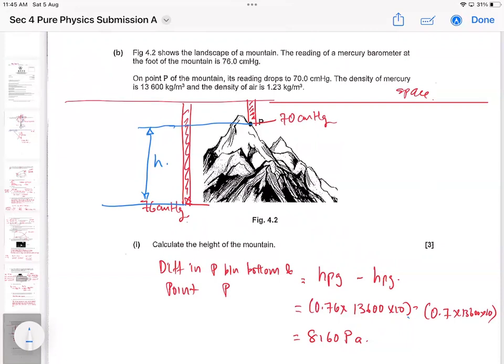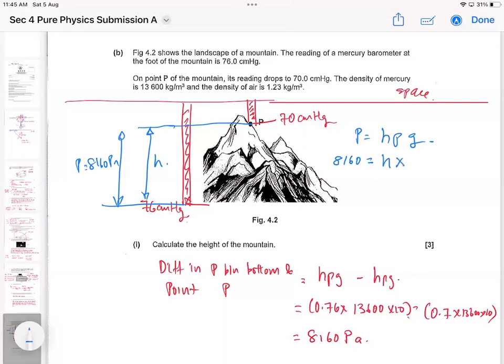And same thing, there's a pressure difference here. The pressure difference will be 8160 Pascal with this particular height. So technically, I can do ρgh. So the pressure difference is 8160. The height difference is the height of the mountain.